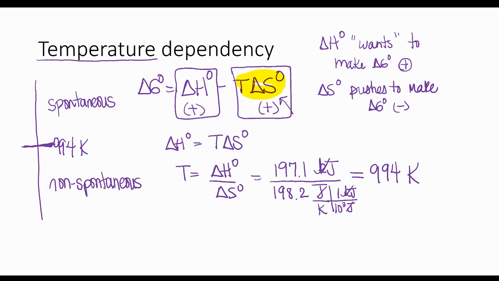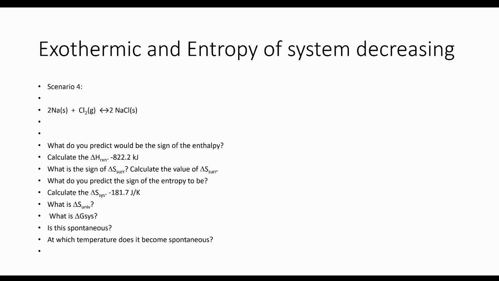Okay. All right, let's go to our last scenario. Exothermic and entropy of the system decreasing. So can we predict the sign of this one, sodium plus chlorine to make sodium chloride? I don't think so. Sorry, I got a message that my computer's going to die.